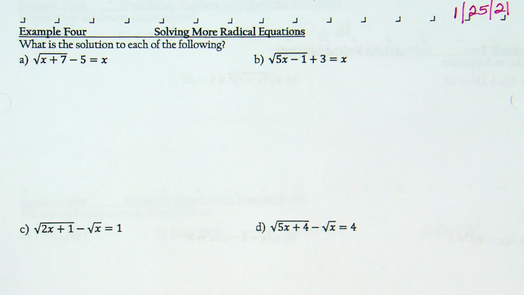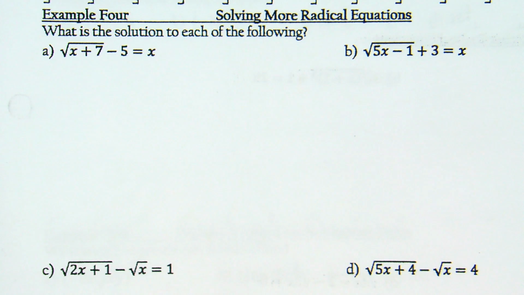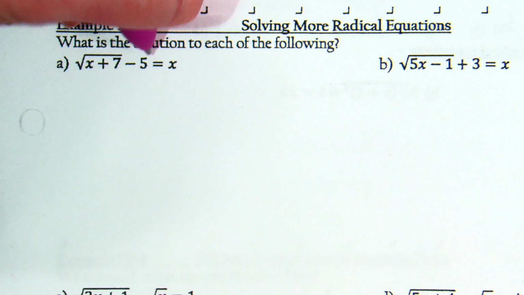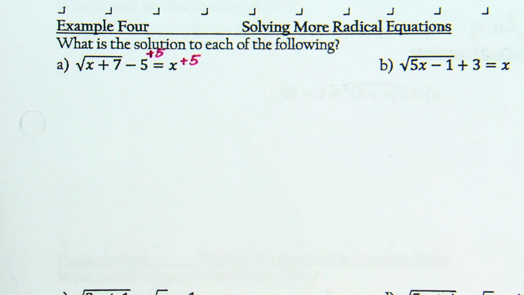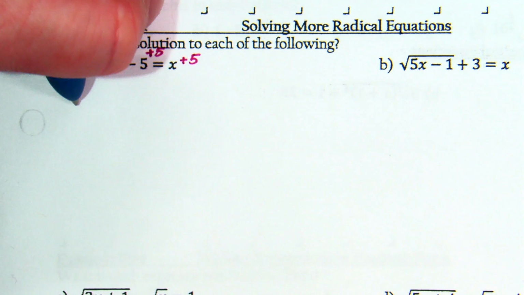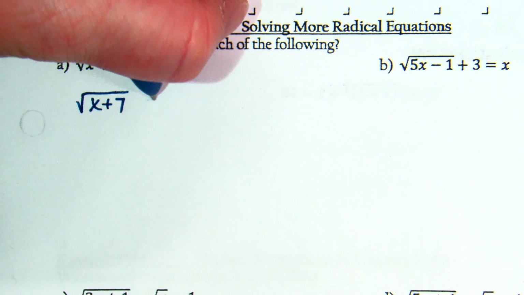That 5, right? And how do we move a 5 that's being subtracted? You're going to add 5. So this is minus 5, so I'm going to add 5. If I add 5 on the left, we add 5 on the right. Okay, so this is a step just like what you would have done on Friday. Square root of x plus 7 stays. Square root of x plus 7.